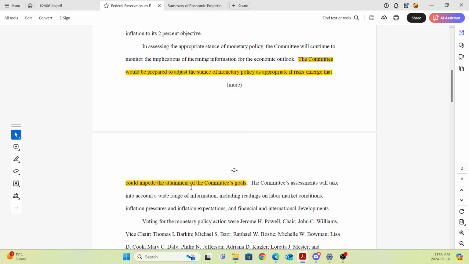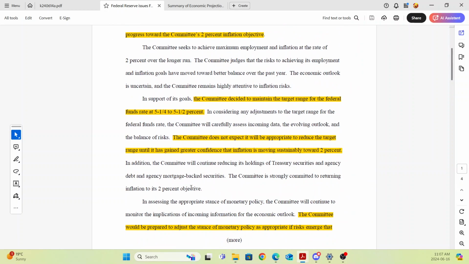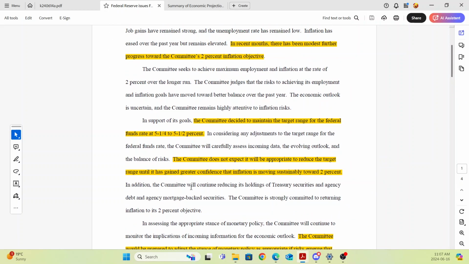So what they are trying to say is that if anything goes wrong other than the CPI report not coming to 2%, even if inflation stays at 3%, if something tragic happens, they will not hesitate to decrease their interest rate according to the situation at that time. So overall, the statement was okay, leaning toward neutral, not that hawkish or that dovish.